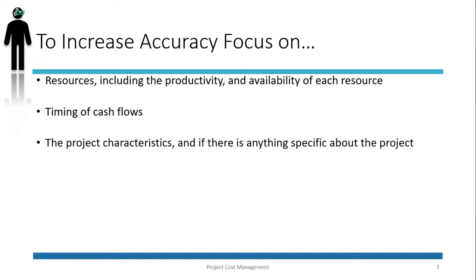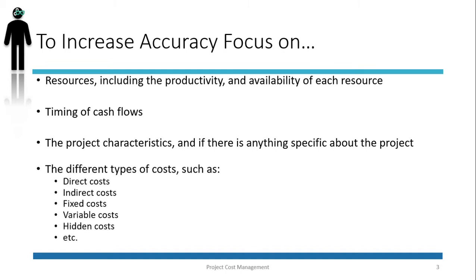Third, the project characteristics, and if there is anything specific or abnormal about the project. And lastly, the PM needs to have a good understanding of different types of costs impacting the project activities, including direct costs, indirect costs, fixed costs, variable costs, hidden costs, and so on.